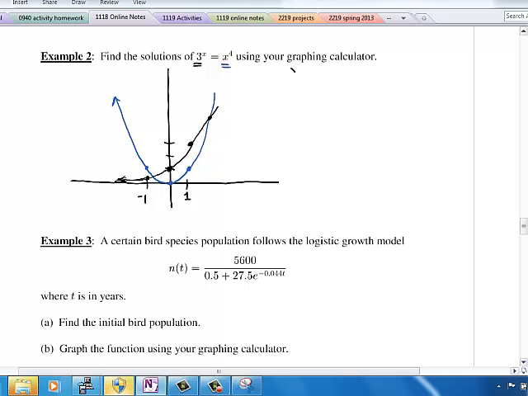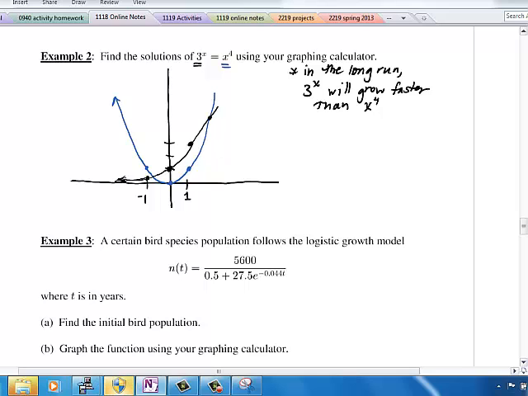But we know that in the long run, an exponential function always will outpace or grow quicker than a polynomial function. So there's no way that 3 to the x can stay underneath x to the 4th for its graph.